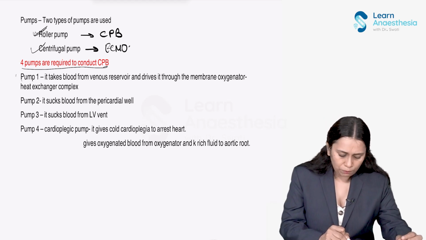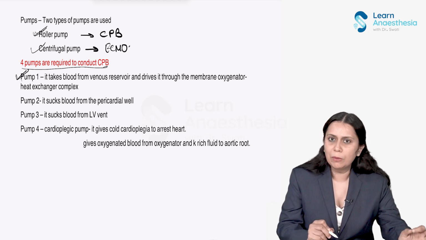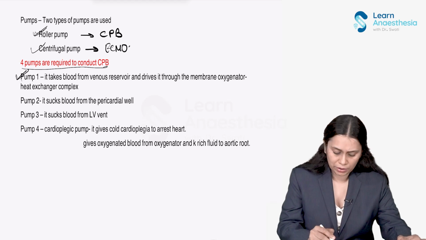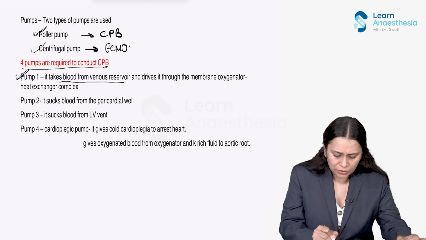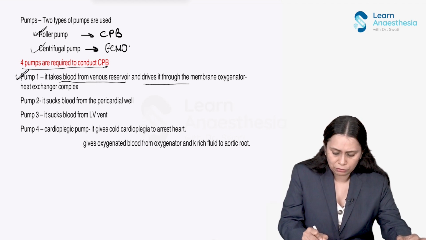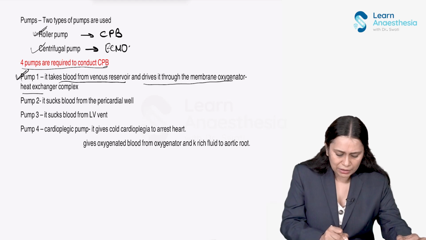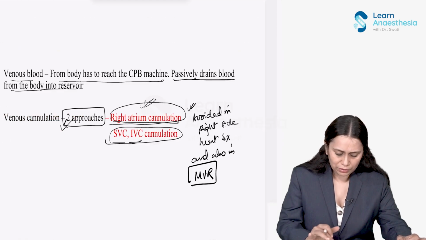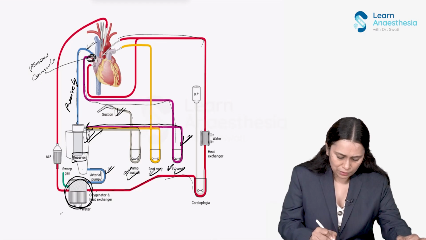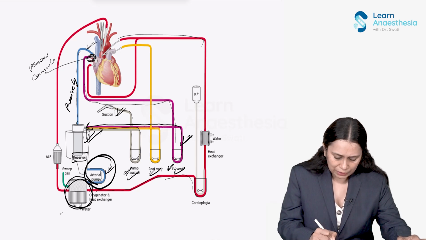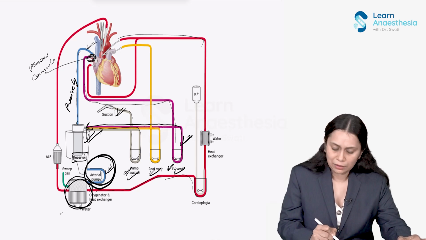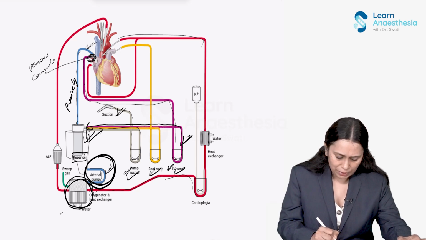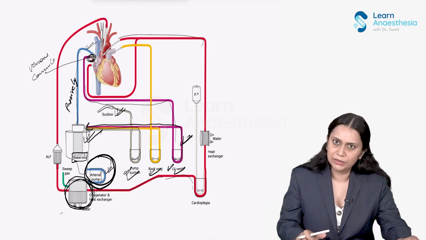Okay, so pump 1, the most important pump, we call it the main pump. It takes the blood from the venous reservoir and drives it through the membrane oxygenator and heat exchange complex. This pump takes the blood from the reservoir and makes it reach the membrane oxygenator and the heat exchanger.